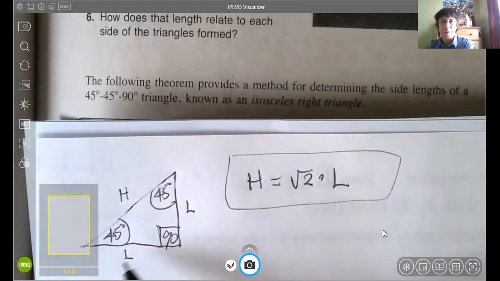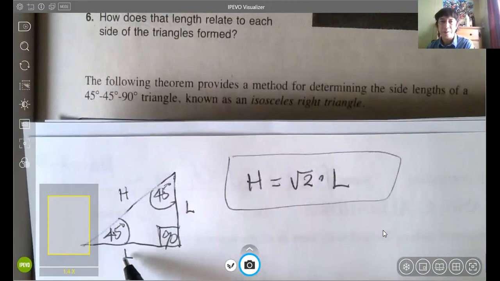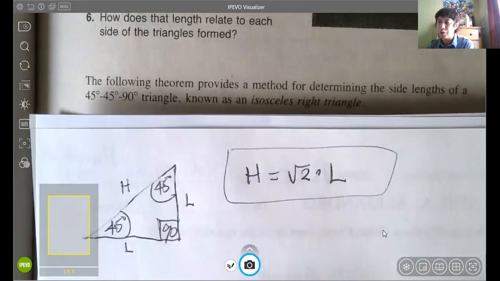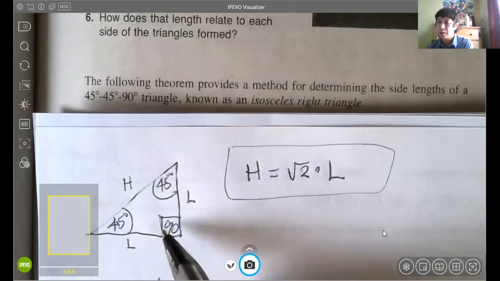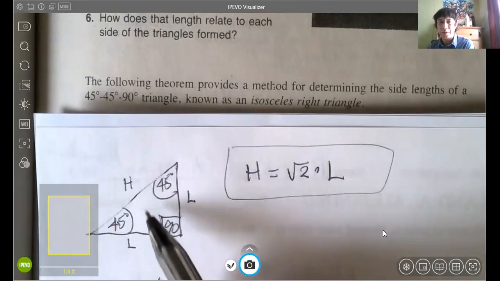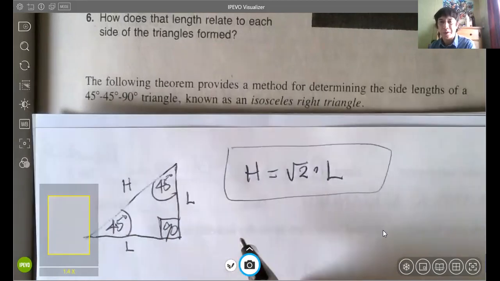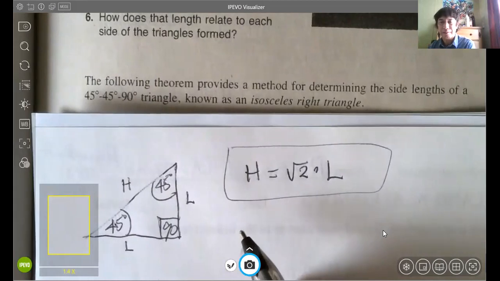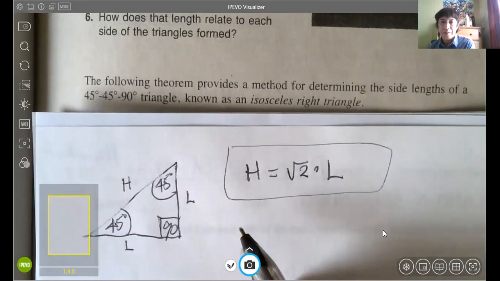And these are equal. And the hypotenuse is the longest side of the right triangle. It's always opposite the 90. So this hypotenuse is equal to square root of 2 times the measurement of the leg, where the legs are equal. They are equal. All right.